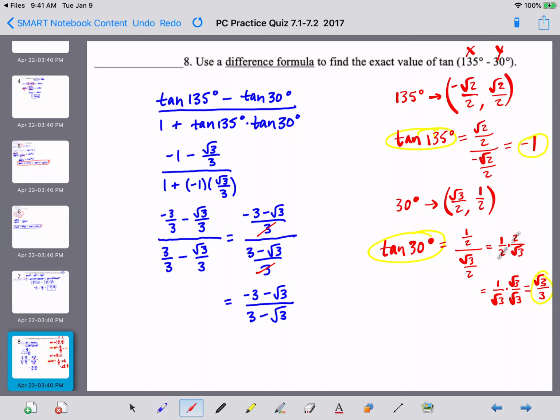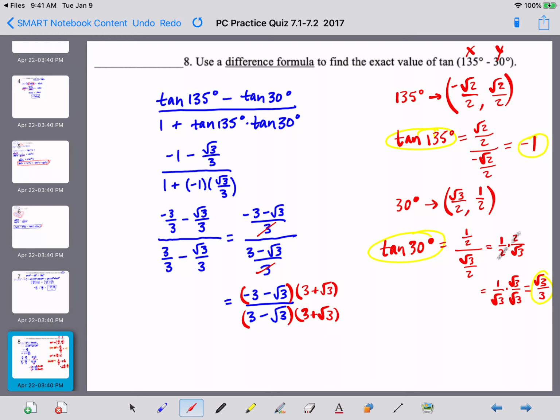But I still need to rationalize the denominator. So to do that, I need to multiply the top and bottom by the conjugate, which is going to be 3 plus root 3. So that's just the opposite of what we got right here. Okay, so I have to do that in the top and the bottom.